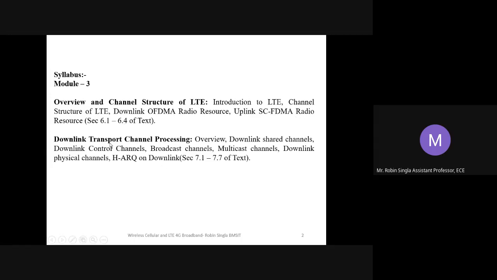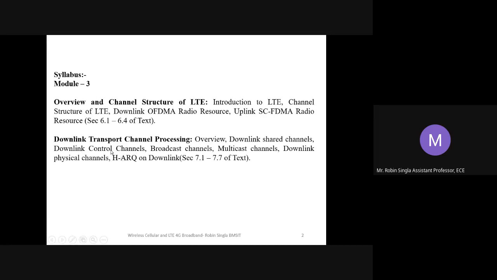And for the last 2 weeks we have studied the downlink transport channel processing, which includes transport channel processing overview, downlink shared channel, downlink control channels, broadcast channels, multicast channels, downlink physical channels.